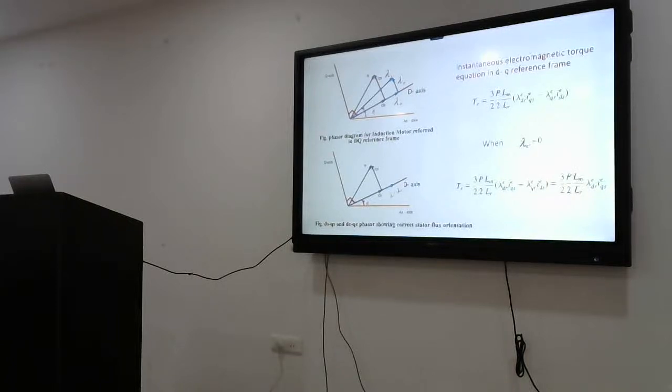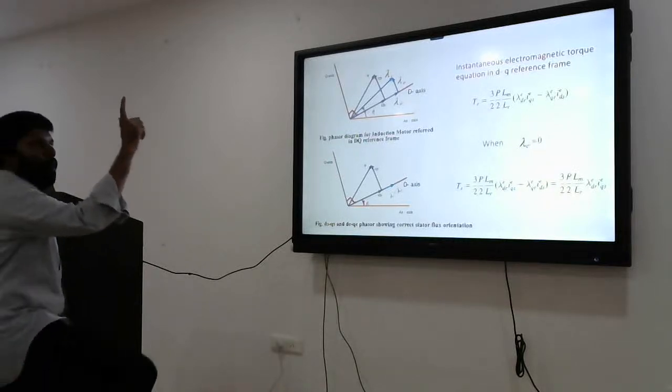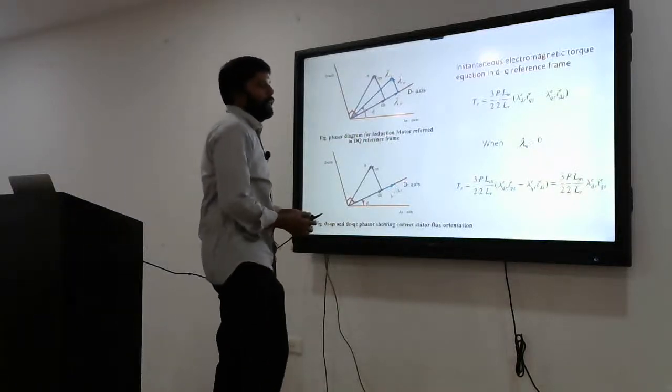Clear? That's why, of the electrical power generated by the generating stations in India or other countries, 80 to 90% is consumed by industrial drives only. All industrial drives are induction motors. Understood? So this is called advanced speed control methods for electric drives.